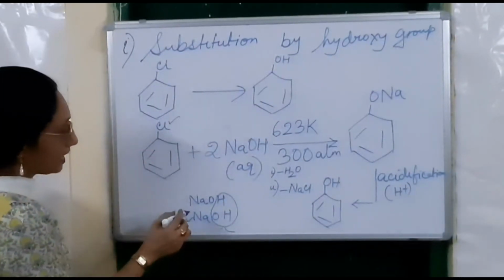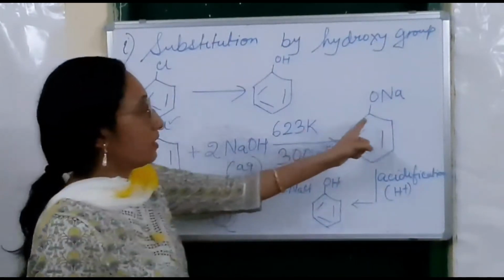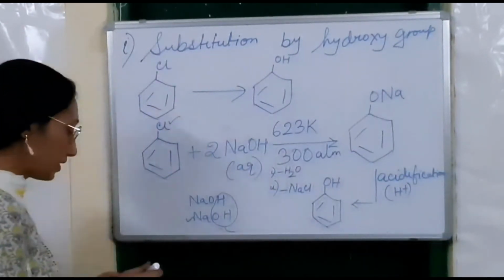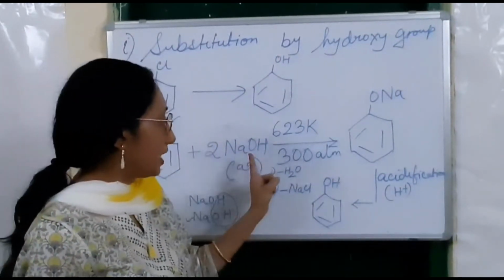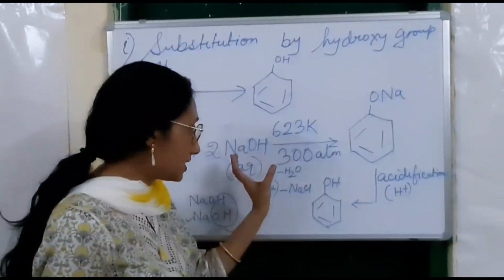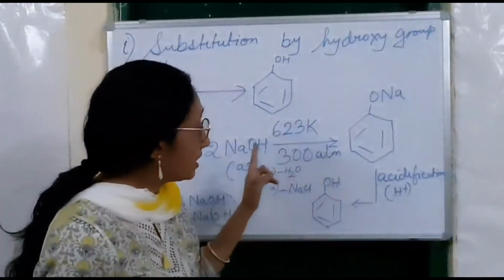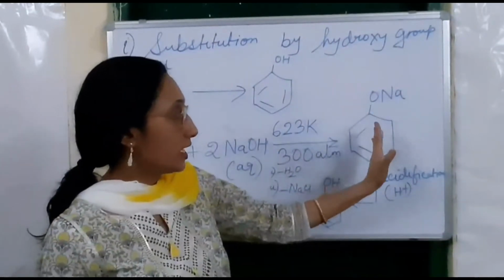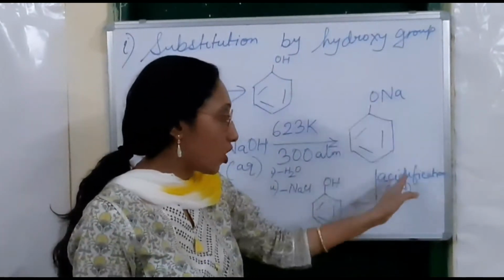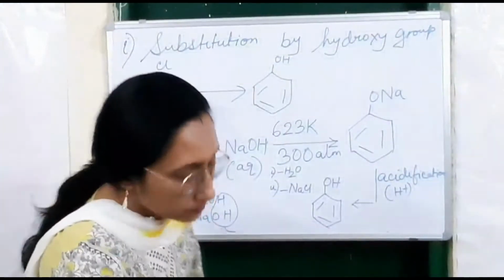So what is left behind? This Cl is replaced first by ONa. So chlorobenzene plus 2NaOH, when heated at a temperature of 623 Kelvin and pressure of 300 atmosphere, initially gives this, which on acidification will give us phenol.